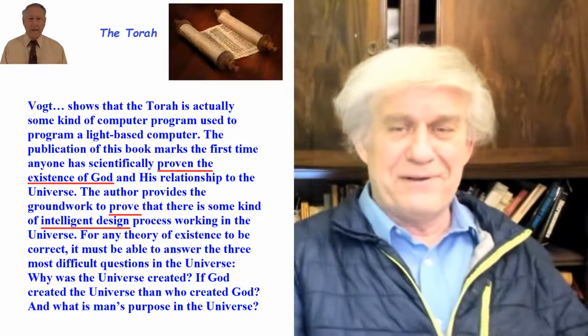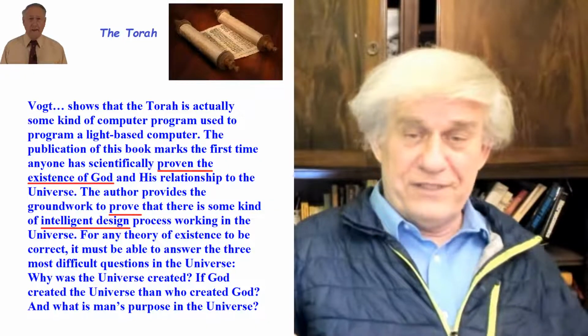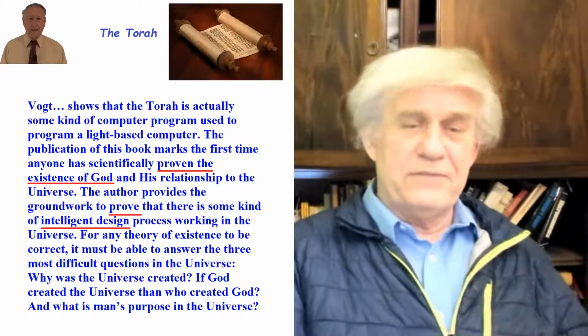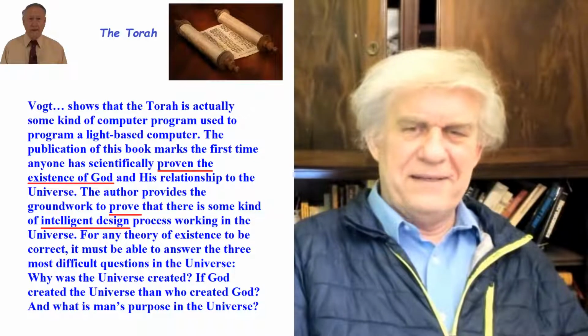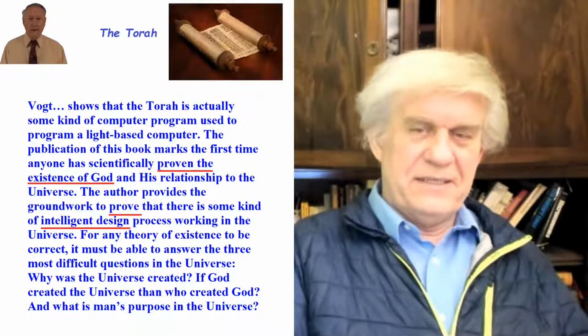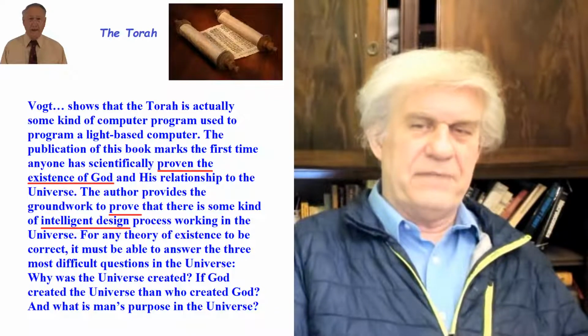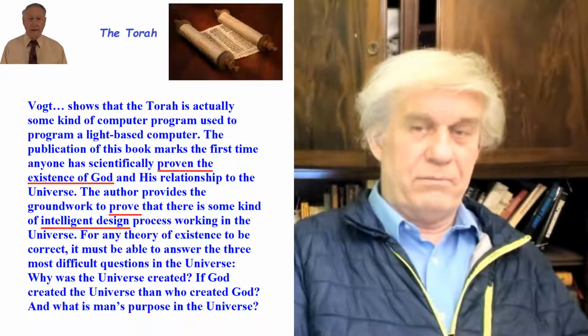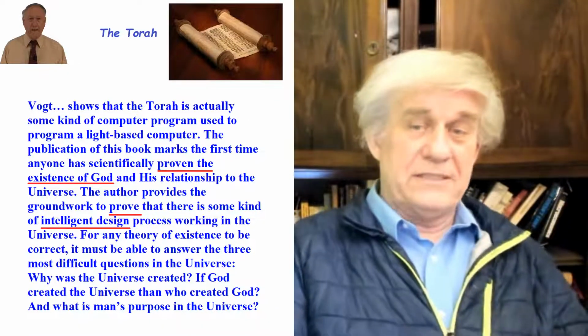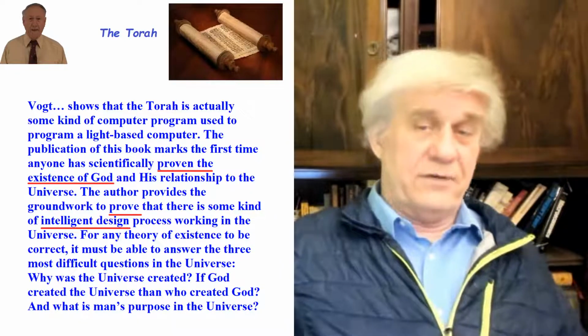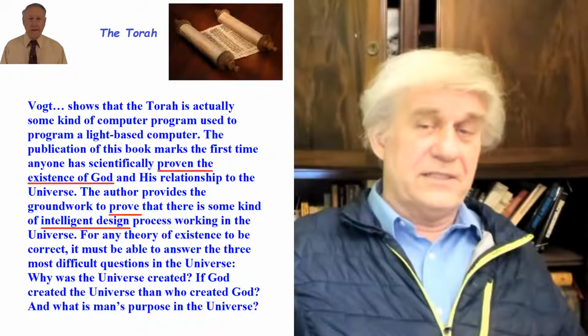Whoa, three most difficult questions in the universe. Talking physics here, right? Why was the universe created? Created? Someone created the universe? I thought it was always around. How can you create something from nothing? Or worse, like he says, from a concept, from information. Of course, good old Stephen Hawking, he does it from energy.